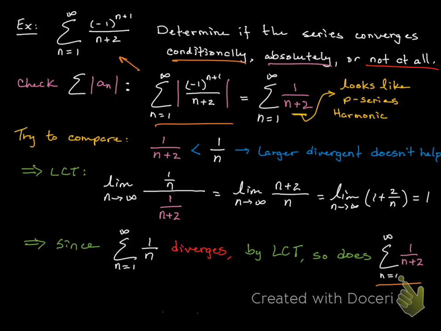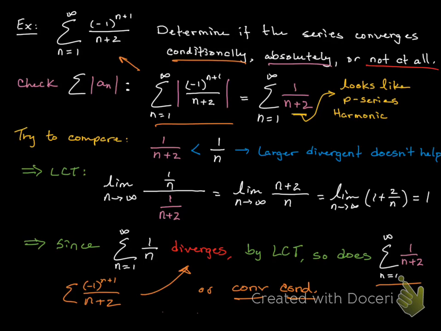So we have two potential outcomes now. Either this original series, minus 1 to the n plus 1 over n plus 2, just completely diverges or it converges conditionally. And the only way we're able to determine if it converges conditionally is if the series itself converges.